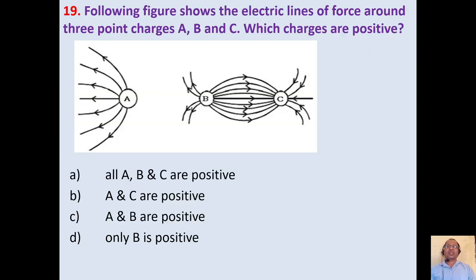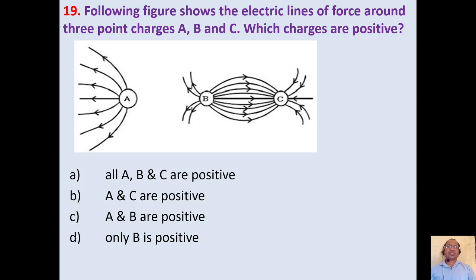Following figure shows the electric lines of force around 3 point charges A, B and C, which charges are positive. So 3 charges are given, A, B and C. A figure also given. Now we know that electric lines of force starts from positive charge and ends at negative charge. So in this figure, for charges A and B, direction of electric lines of force is away from the charge, and for charge C it is towards the charge.